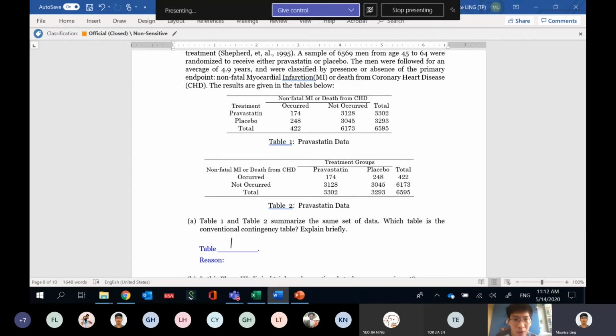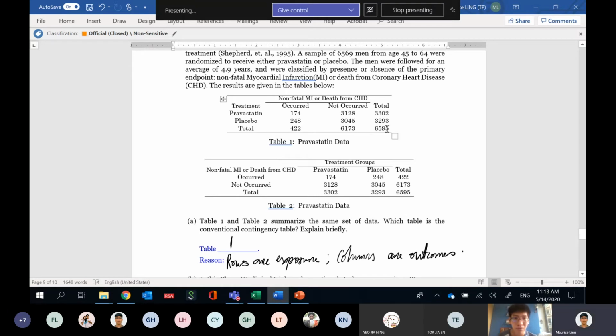All right, so this is table 1. What is the reason? This is because in table 1, the data has been summarized such that the rows represent the exposure status, which is also known as the treatment factor, and the columns represent the outcome status, which is the disease status. Correct.